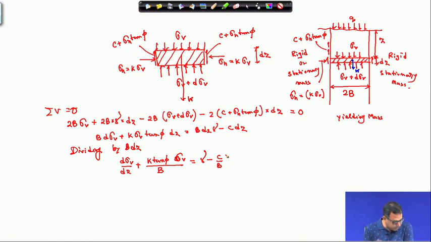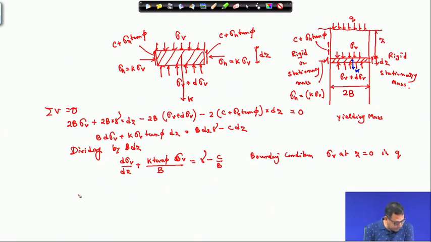After solving, we need the boundary condition. How many boundary conditions are required? One boundary condition is required. The boundary condition is that sigma v at z equal to 0 is q, because z equal to 0 means the surface where q is acting.